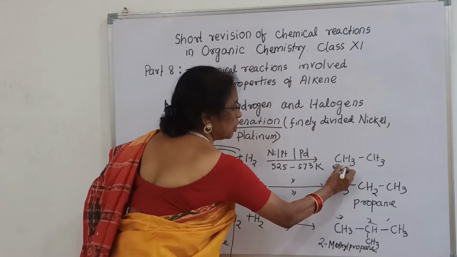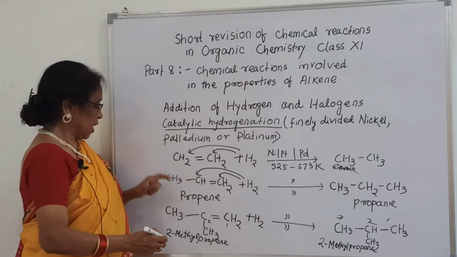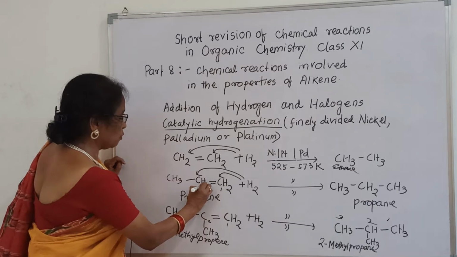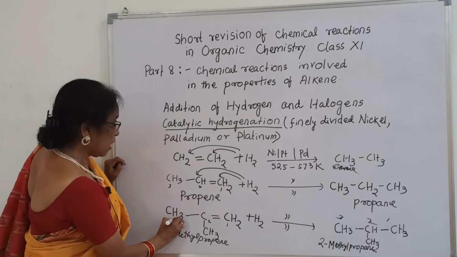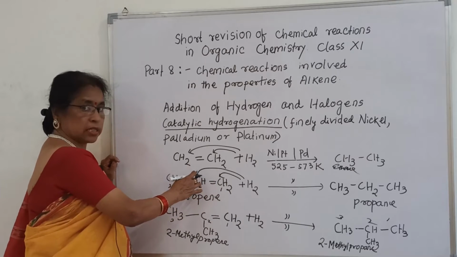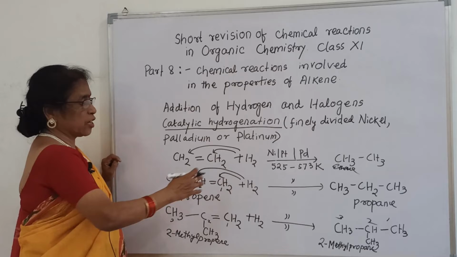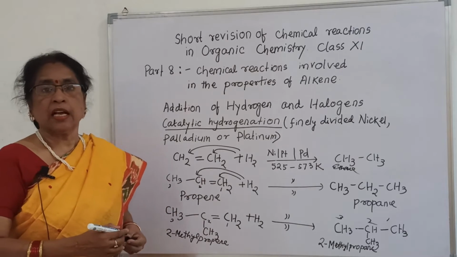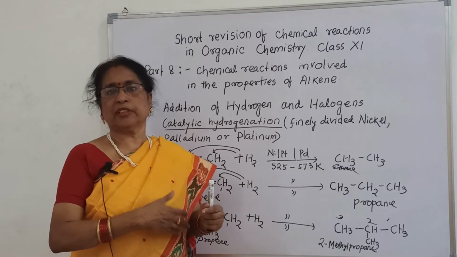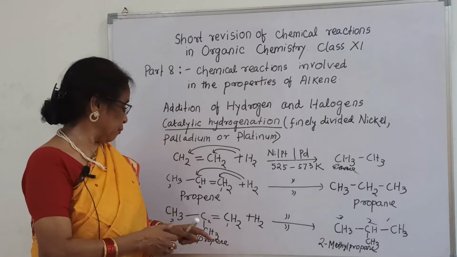Ethane. Now it is propane. Propane means it is 1 and 2, it is 3. Now what happened? Hydrogen comes to one carbon, hydrogen comes to the second carbon, that means it changes to propane, that is saturated hydrocarbon, that is your parent hydrocarbon, that is known as alkane.